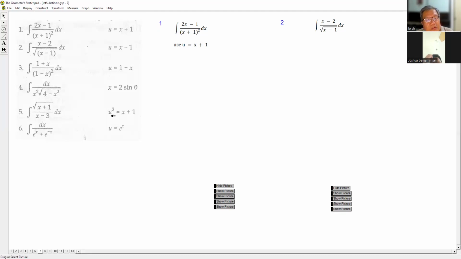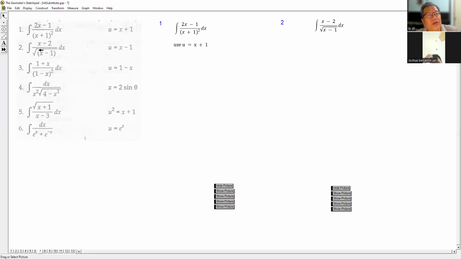If you use u equal to x plus 1, then you have a square root of u, and to integrate square root of u is quite difficult. So you use u square equal to x plus 1, and then the square root is cancelled away already. I will show you later what I mean by this. But we carry on with the simple one first.